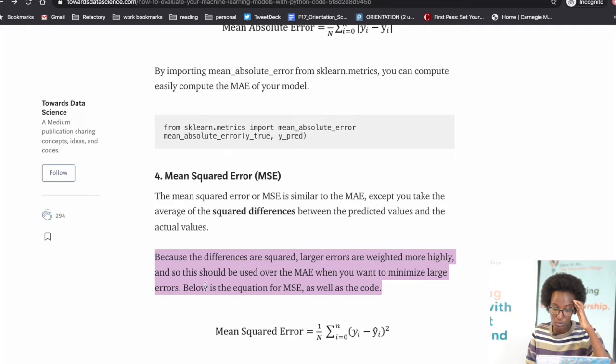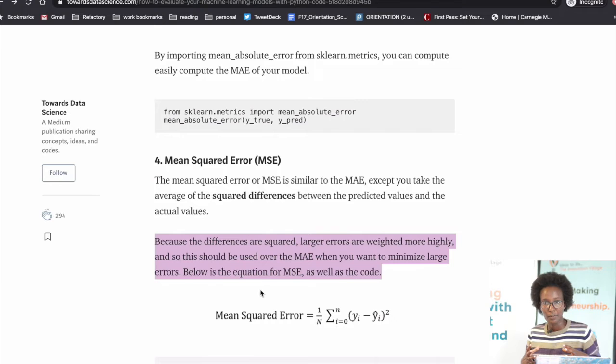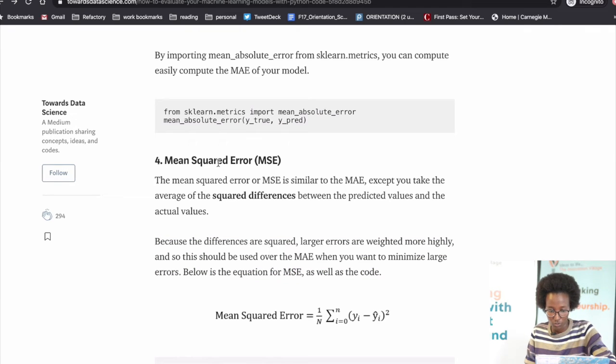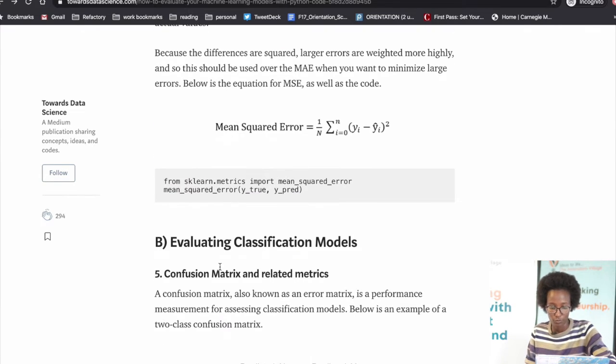And so this should be used over mean absolute error if you want to minimize large errors, okay? Because of the squaring part, the large errors are going to be magnified in weight, and so that's why you would choose mean square error over mean absolute error for your model.